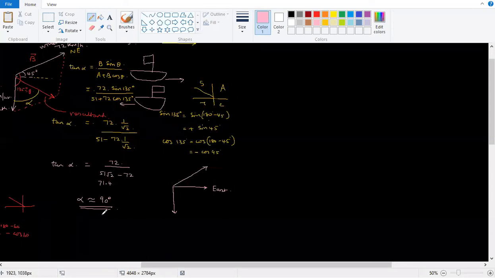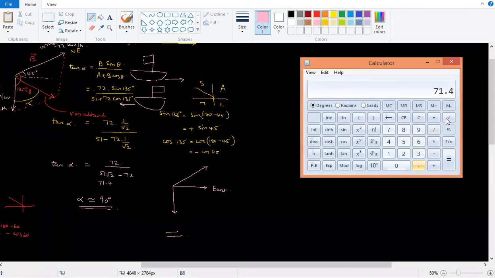Okay. So 51 root 2 will come as 72 only, sir. 72.12. Yes, okay, sir. Okay, very good. Root 2 into 51, yeah, 72.12.